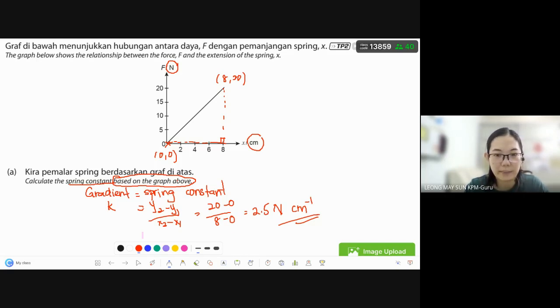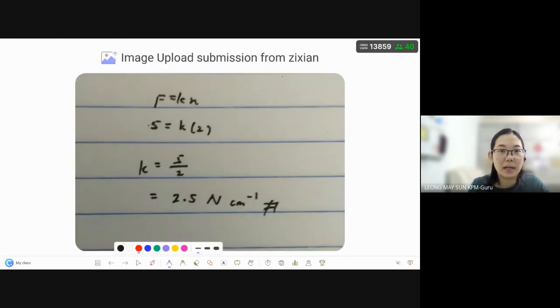So let's see. Here, directly substitute. Can we convert centimeter to meter? Can, no problem.